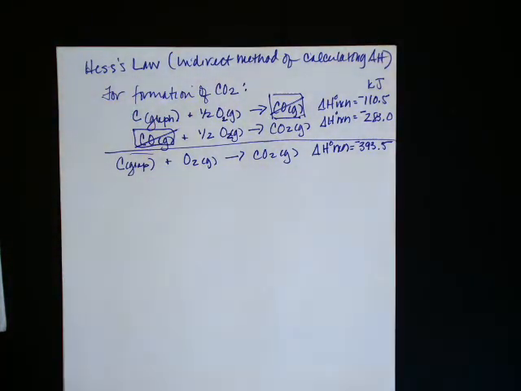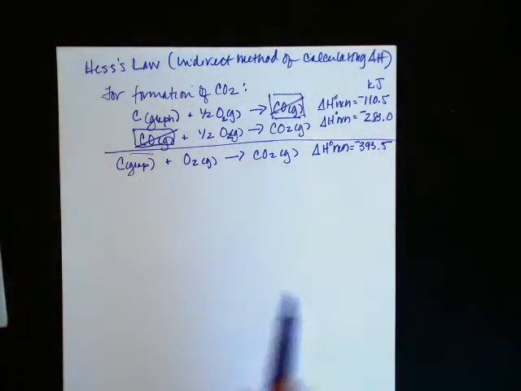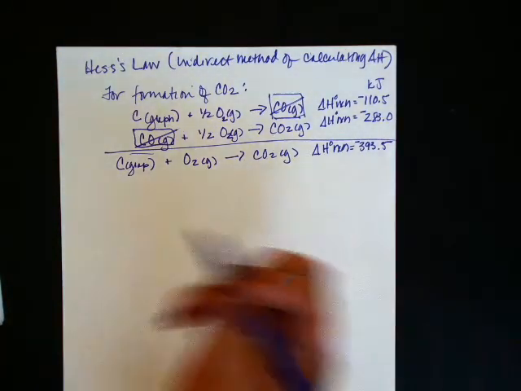So I also could have calculated this directly by looking up the standard heats of formation. We'll do many more of these, so don't worry. And I'll try to not forget subscripts. So we could have directly calculated it by looking up those standard heats of formation.